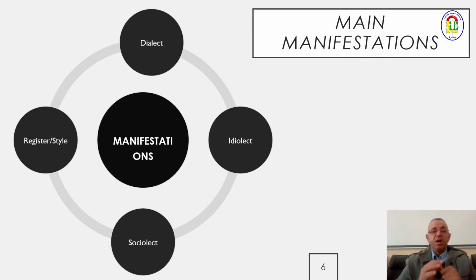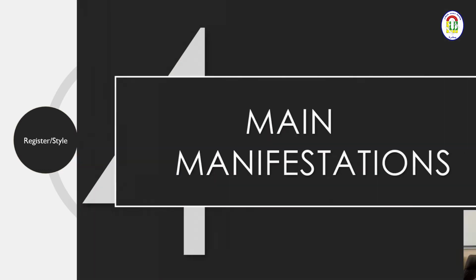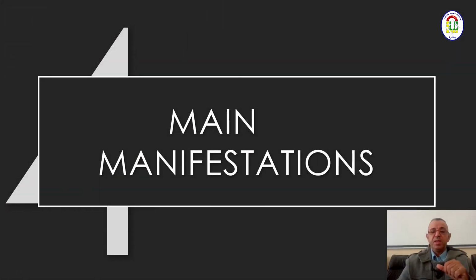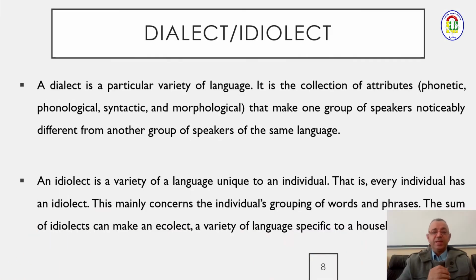Examples of these are the dialect, the idiolect, the register, the style, and also the sociolect. Let's begin with the first main manifestation, that is the dialect.